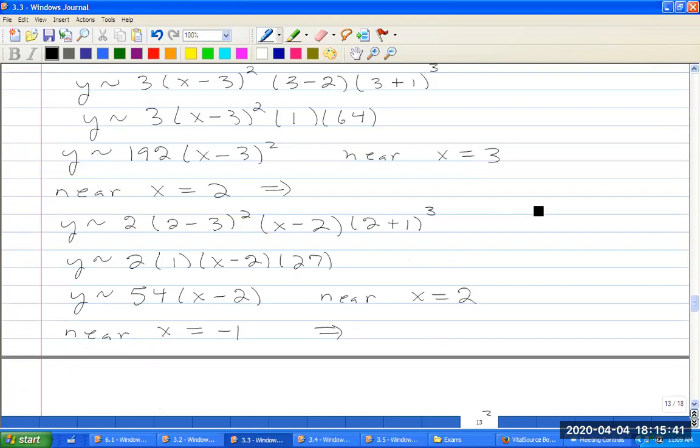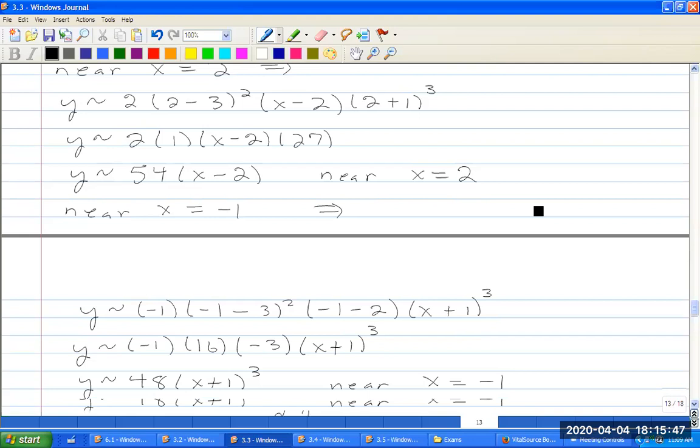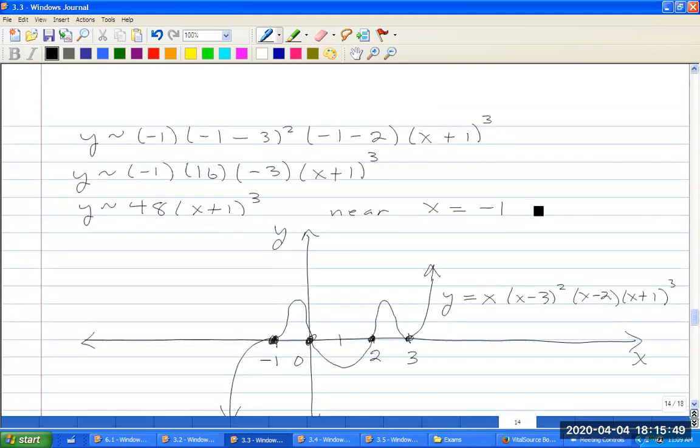Sorry, it's taking me a while to scroll down. Okay, here it is. So now I have roots, so I just put the roots, -1, 0, 2, and 3. I know I go up into the first quadrant and third quadrant. Okay, so these are fine.